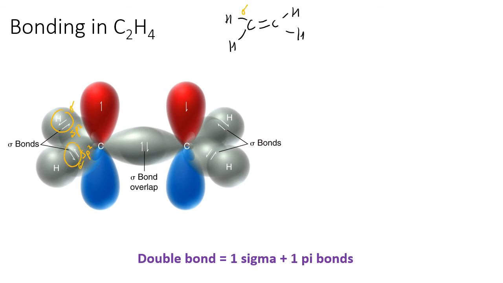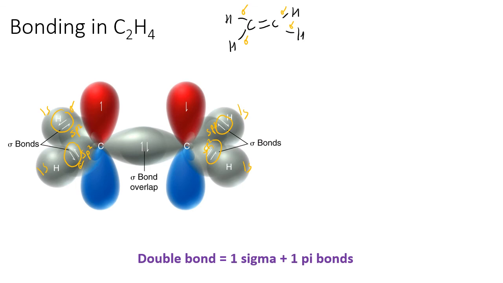That would represent the single bonds that we see at the top. And we're going to have those on each side. So all 4 of those are represented by single sigma bonds. And those represent sp2 hybrid orbital overlap from carbon and 1s orbital overlap from each of the 4 hydrogens.